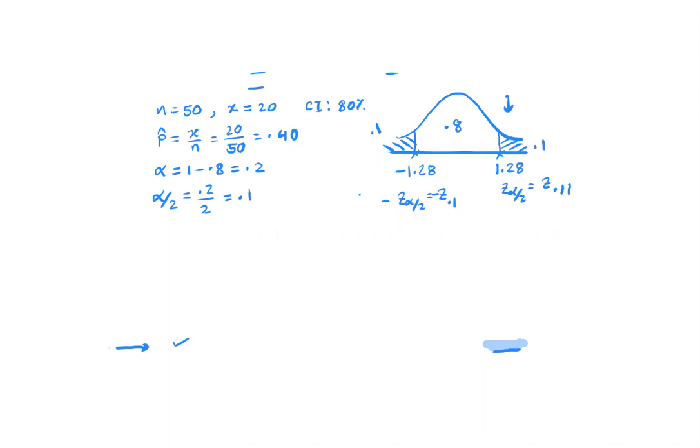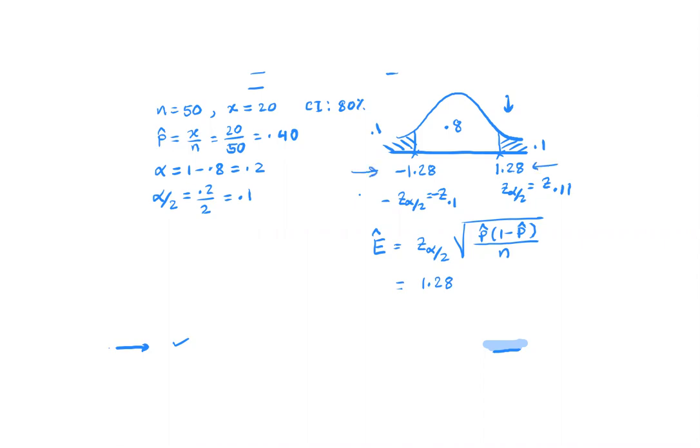Now we found all the values that we need in order to calculate the margin of error, E hat, which is z sub alpha over 2 times square root of p hat times 1 minus p hat, all of it divided by the sample size. Z sub alpha over 2 is 1.28, which we found.